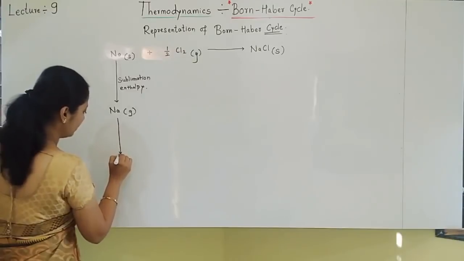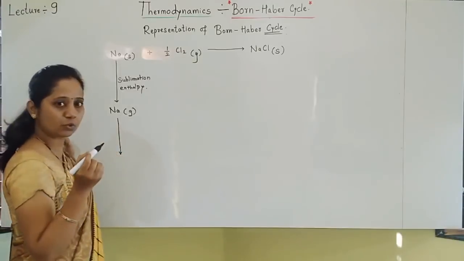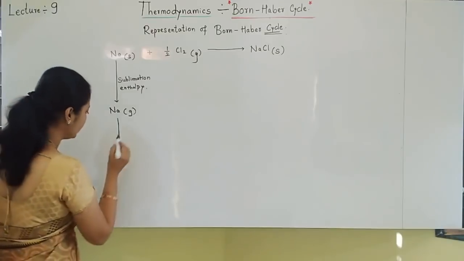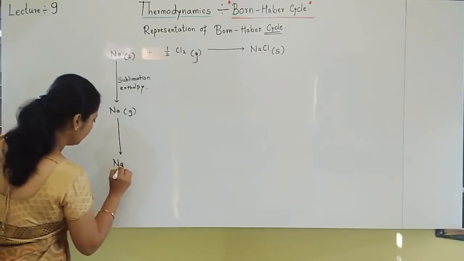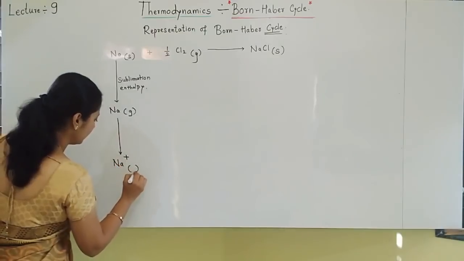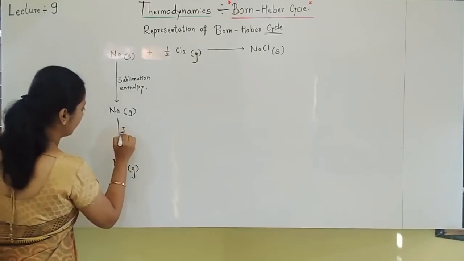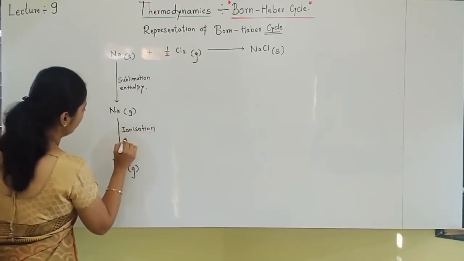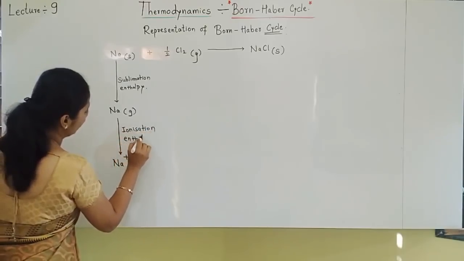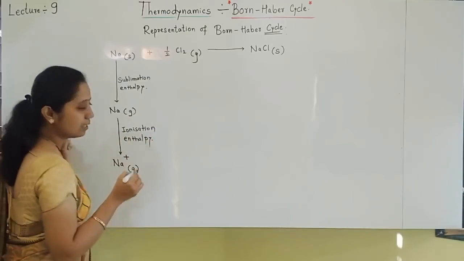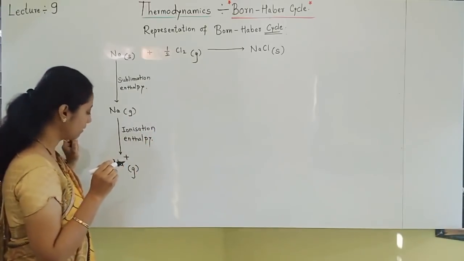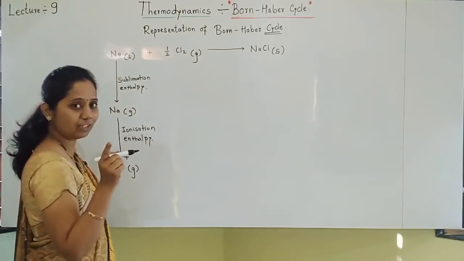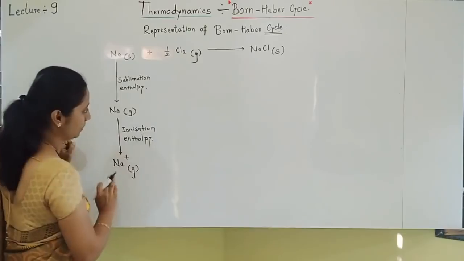After sodium is converted into gas, we want sodium not as Na, we want it in ionic form. So what is done next step? Sodium is converted to Na plus gas. The enthalpy involved is called ionization enthalpy. Why is it called ionization enthalpy, students? Because Na gets converted into Na plus by loss of electron. Energy required to remove electron is called ionization enthalpy.